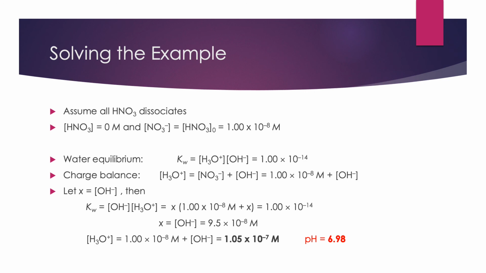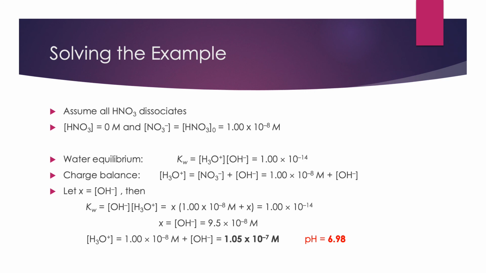Now I can plug in values in terms of X for both. The hydroxide ion is X, and the hydronium ion is simply the hydroxide ion plus 10 to the minus 8, so that's 1 times 10 to the minus 8 plus X. And that product has to be equal to the equilibrium constant for water autoionization, Kw. Well, we can solve this.